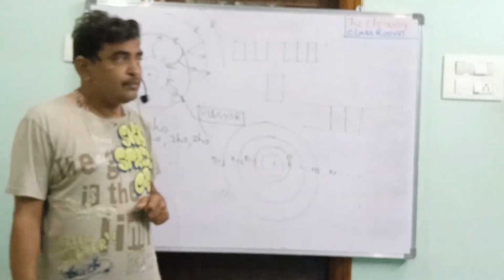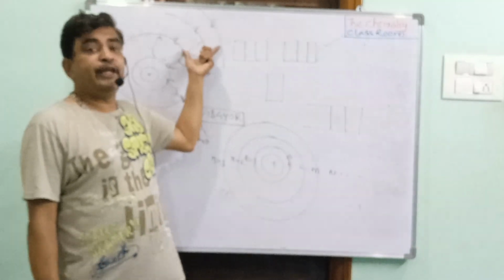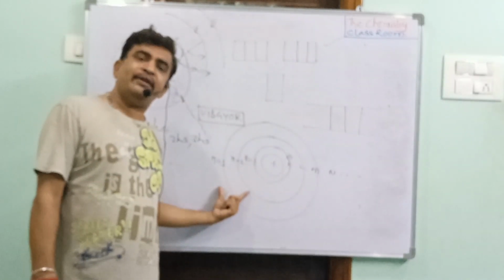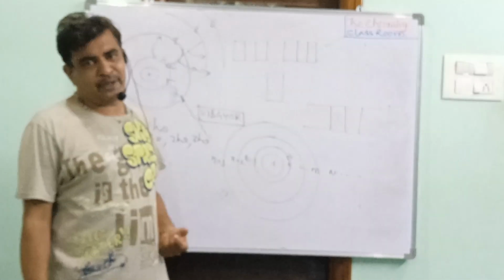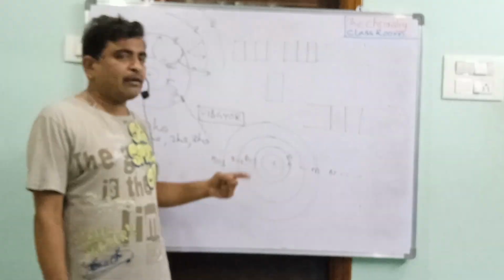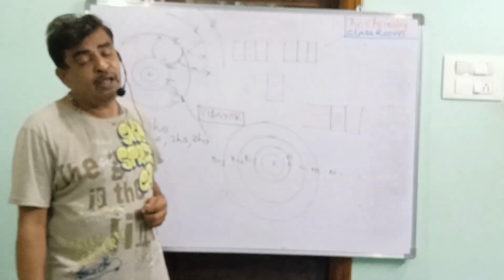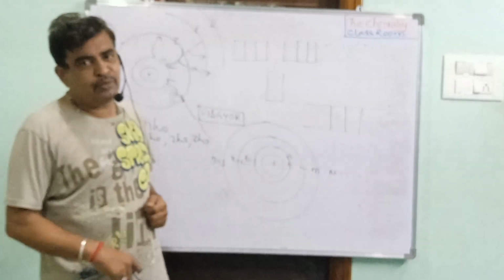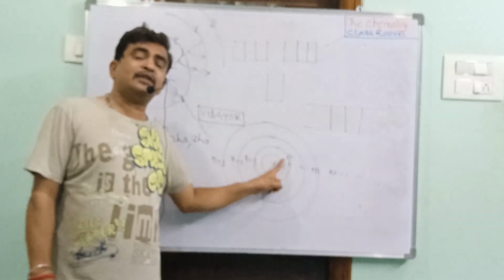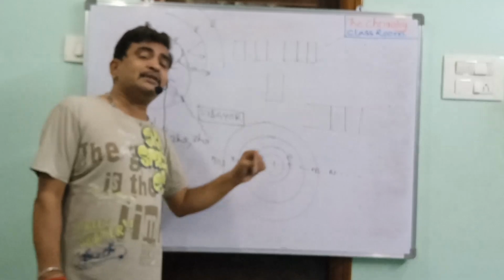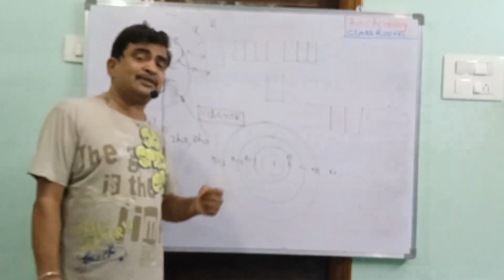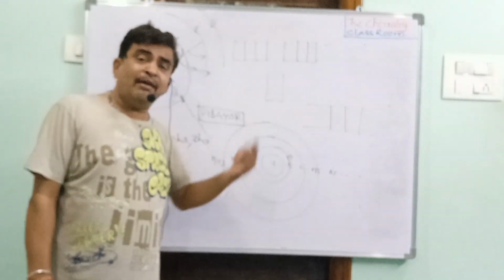Are you clear? Based on EMR, electromagnetic radiation, Bohr gave the atomic structure. Based on this atomic structure, the electrons are in different orbits. If you want to find the electron, maybe it is in the first orbit, or the second orbit, or the third orbit, or in the first shell, second shell, or third shell.